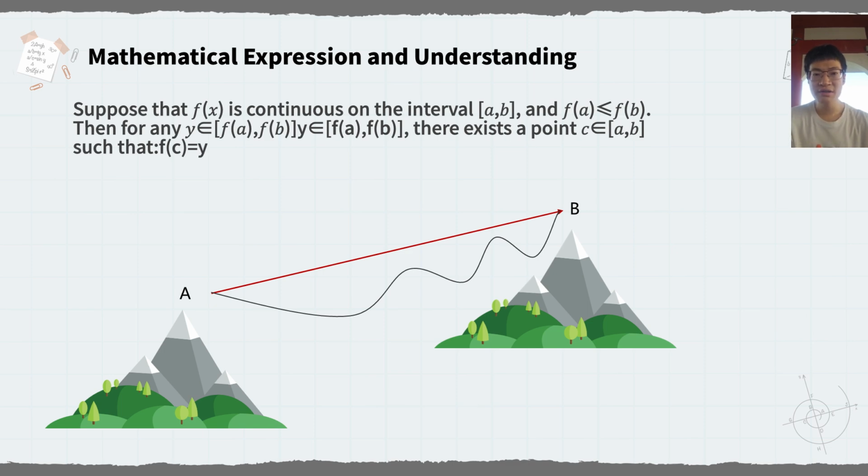No matter which path you take, just as the image below, the straight path and the curved path, at some point, your height will exactly match any value between peak A and peak B. So similarly, on the graph of a continuous function, as you move from left to right, the function value changes from one number to another, covering all the numbers between the values at the endpoints.